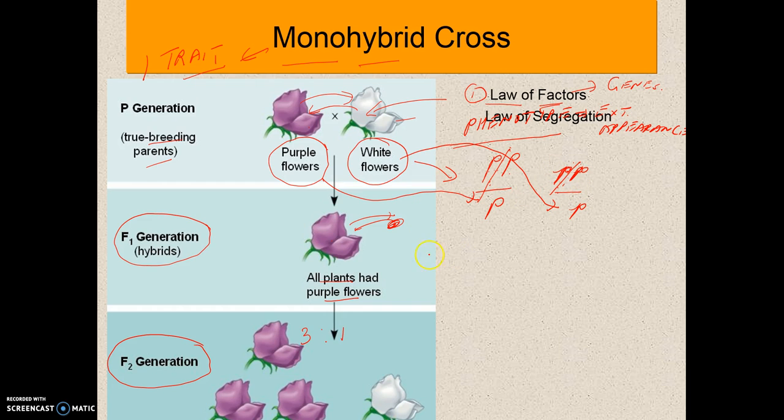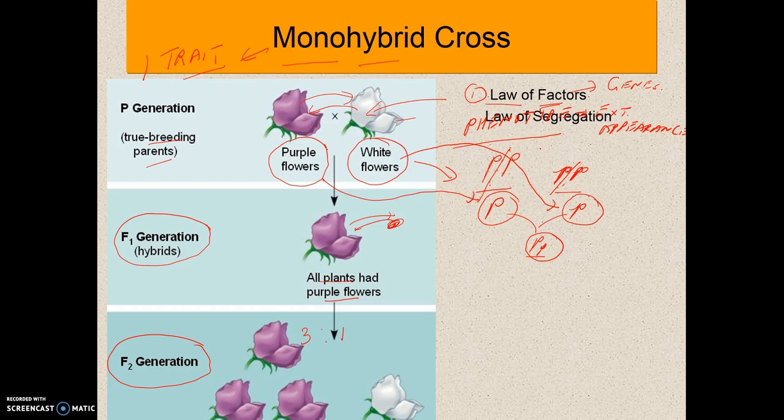So now in the F1 generation, this gamete, or the sex cell, and this gamete will unite to form this, right? So you're back to two factors. So this is the law of segregation.